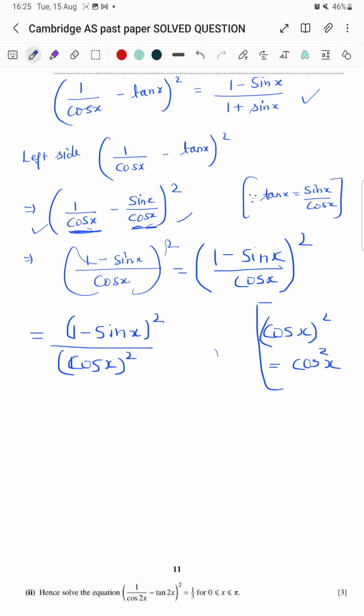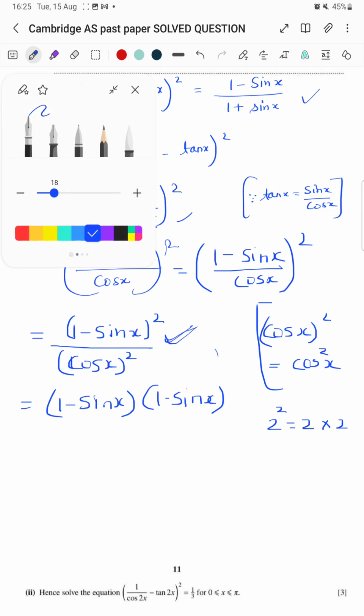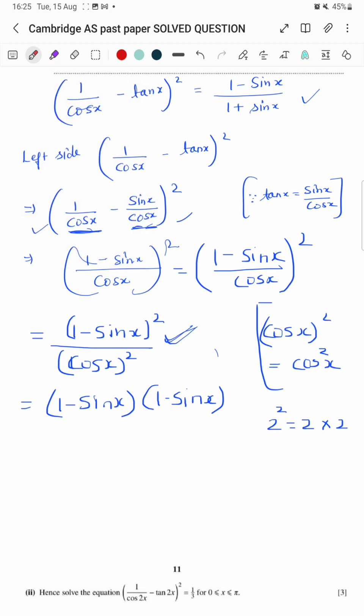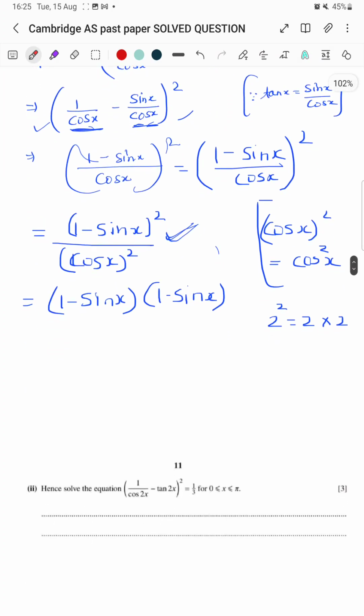So this (1 minus sin x) the whole squared can be written as (1 minus sin x) times (1 minus sin x). As we know, if it is 2 squared, that means it is 2 multiplied by 2. Same way here we have (1 minus sin x) squared, which I can write as (1 minus sin x) times (1 minus sin x).